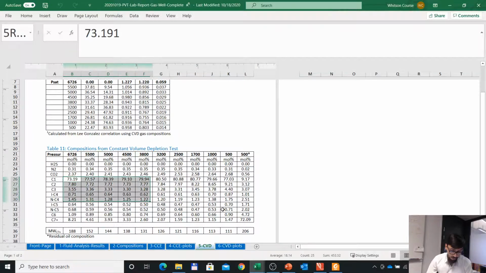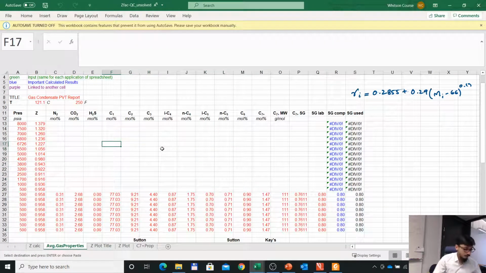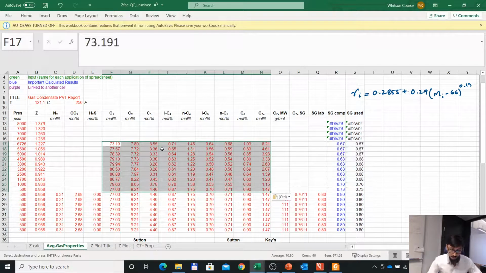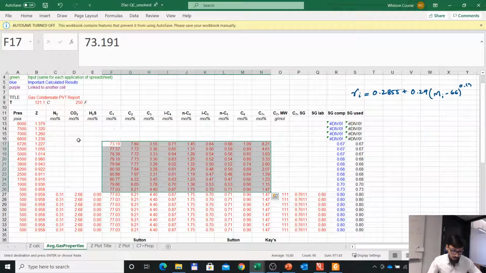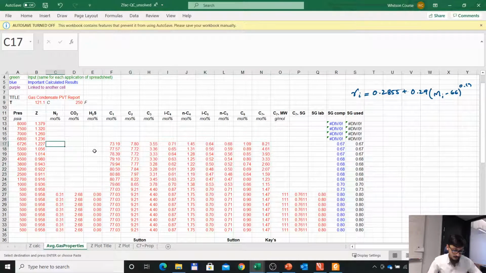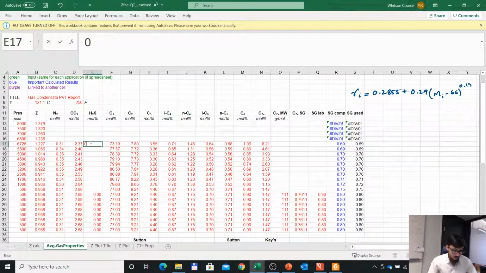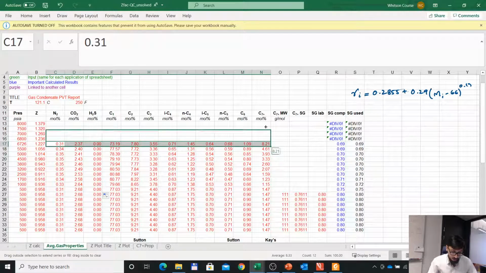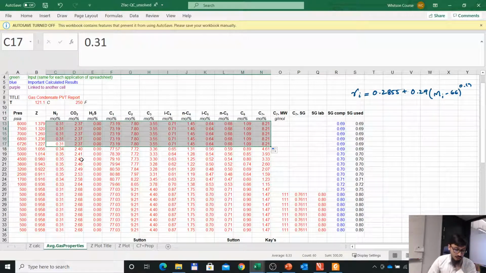Copy the composition and place it here, transposing it, and then for the non-hydrocarbons, we again copy and paste here, and then H2S has to be 0. Then we just keep the same composition until 8000 psi, because we know that it has to be the same for all pressures higher than the saturation pressure.